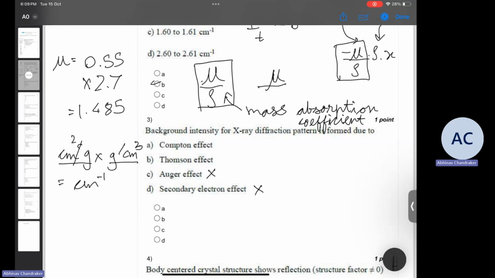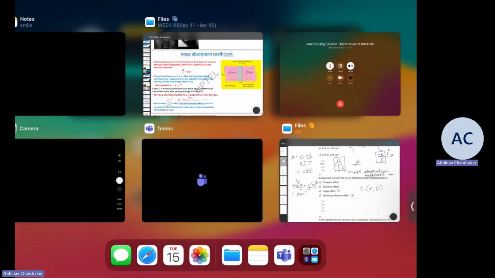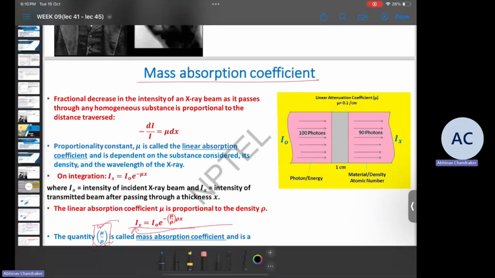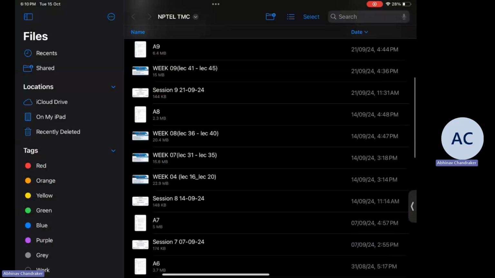So it basically gives you what will be the intensity after scattering as a function of r, the distance from the points of scattering, and theta, the angle of scattering. Let's go to the concerned slides where we had discussed this.